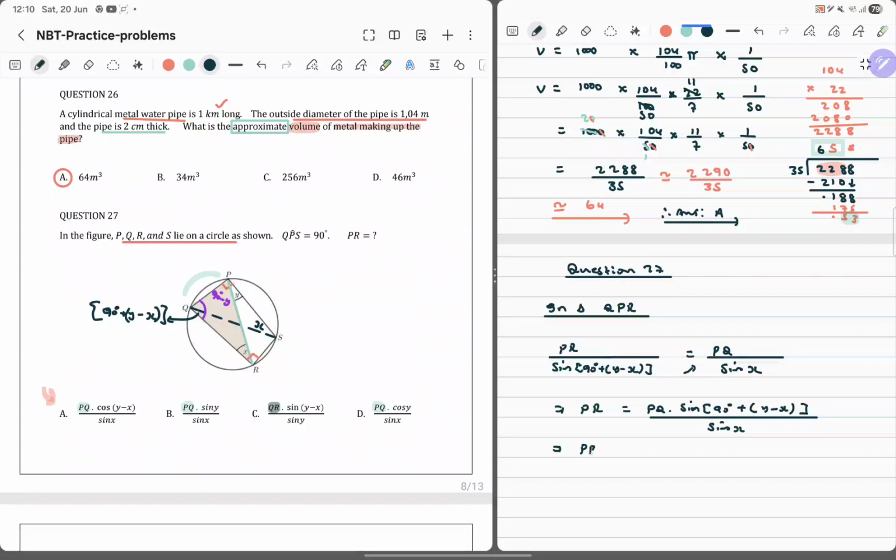So this implies that PR is PQ times, this changes to cos of y minus x, all over sine x. Technically, our answer is option A.